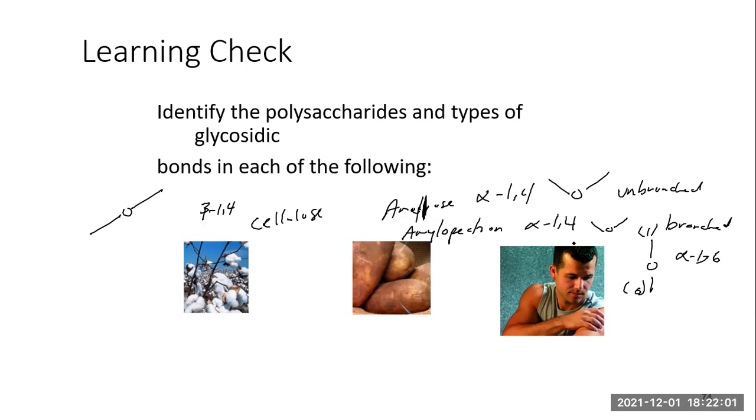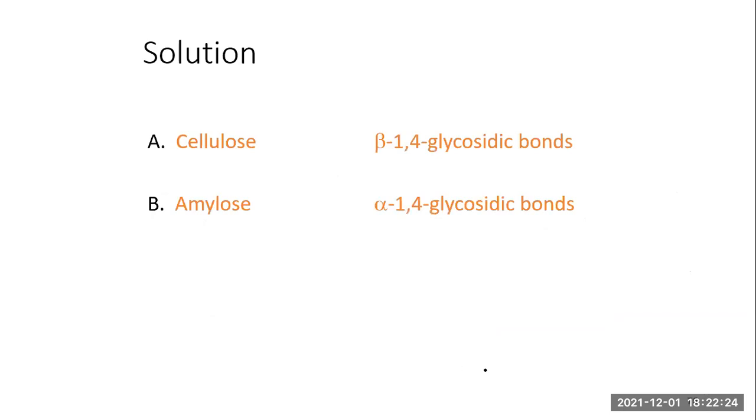Any questions on that there? And then obviously, this is our glycogen that we just talked about, which is pretty much the same connections, alpha 1,6 and alpha 1,4, but much higher branching occurring. Any questions on these polysaccharides?